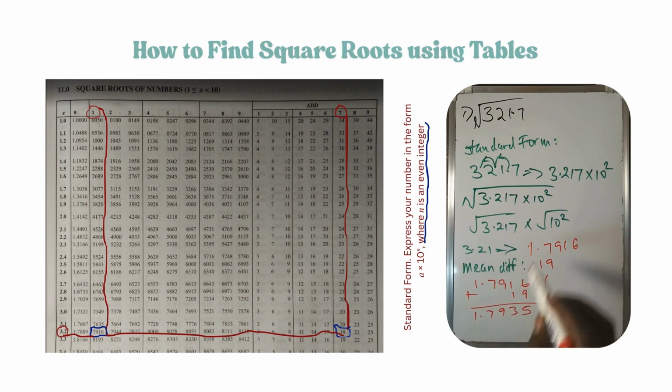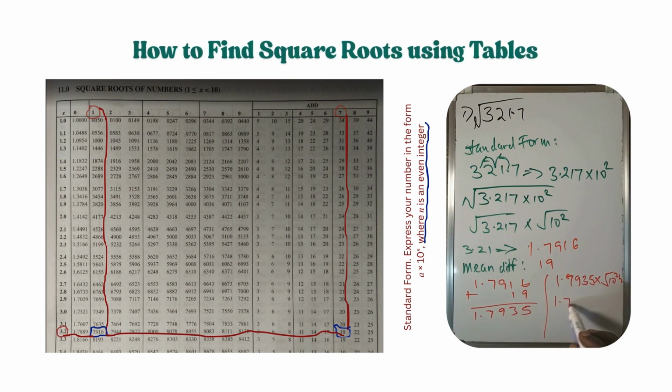We are going to multiply this by the square root of 10 squared. 1.7935 times the square root of 10 squared. How do you find the square root of an exponent? You divide by 2. So when divided by 2, we'll have 10.